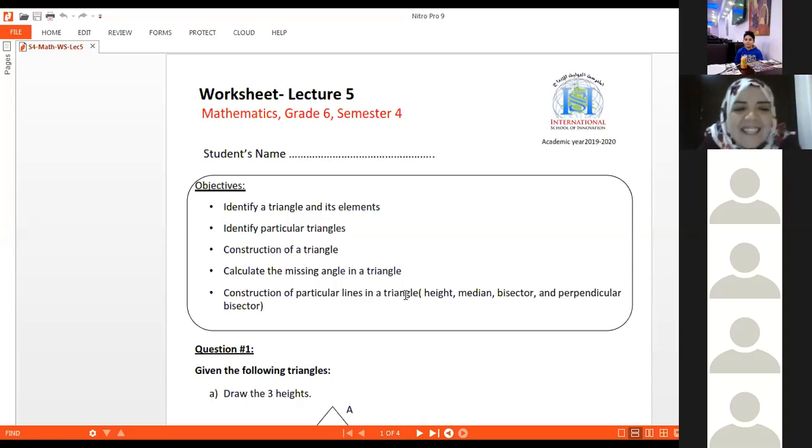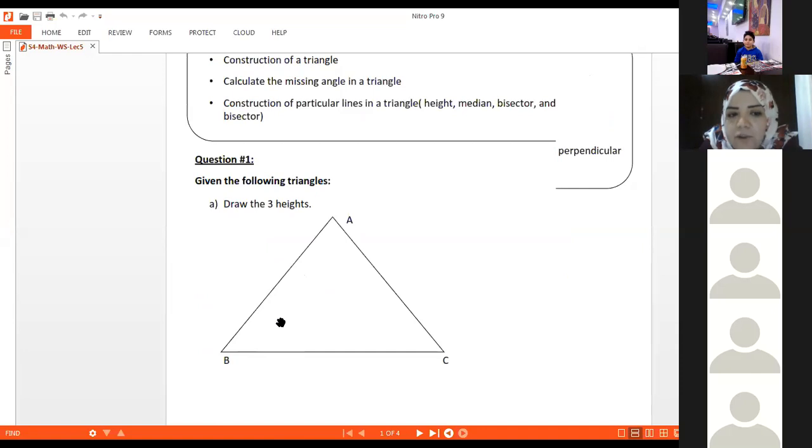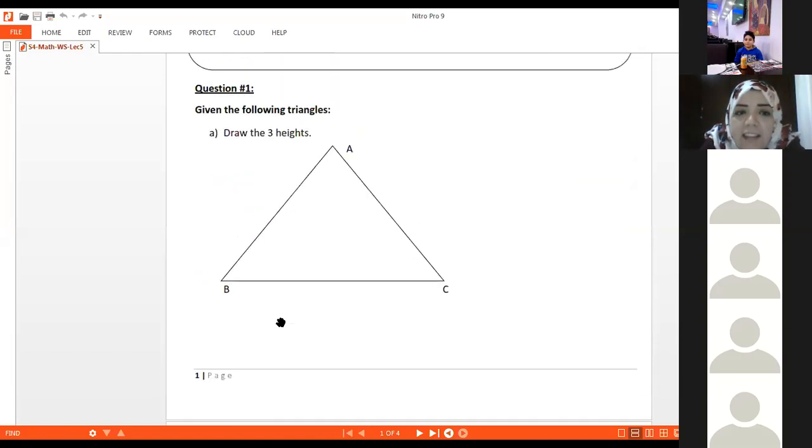So yes, till now we learned how to identify a triangle and its elements, to identify particular triangles, to construct the triangle, calculate the missing angle in the triangle, and in this video we added the construction of height, median, bisector, and the perpendicular bisector, right? So in the first one, it's very easy to draw the three heights. What do we use? A set square. Excellent, Huda.